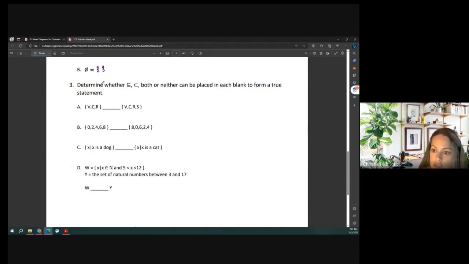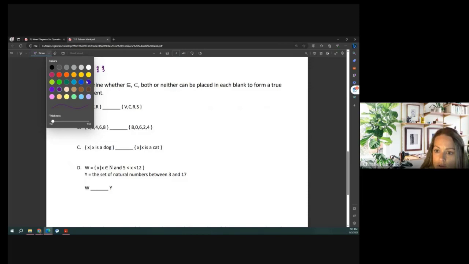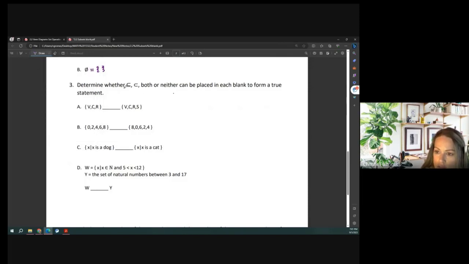Number 3, determine whether it is a subset, proper subset, both, or neither. So let me write out subset, proper subset, both, or neither.